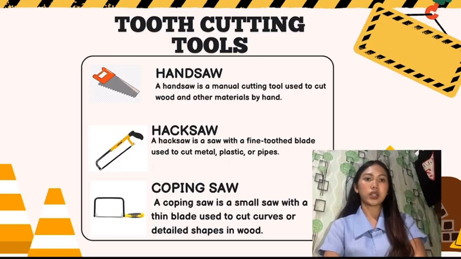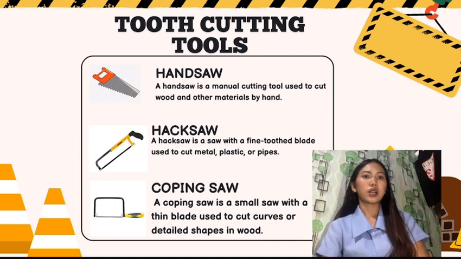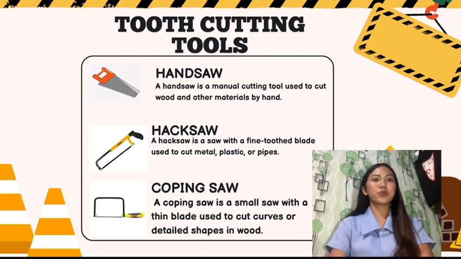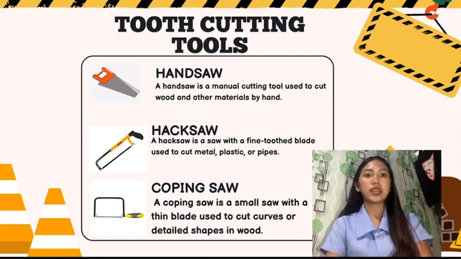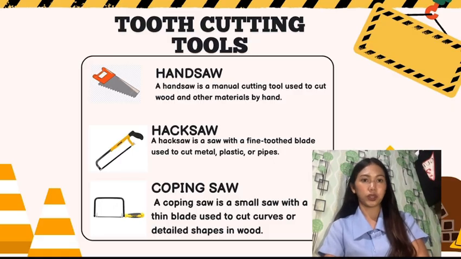A hand saw is a manual cutting tool used to cut wood and other materials by hand. A hacksaw is a saw with a fine tooth blade used to cut metal, plastics, and pipes. The last is the coping saw. A coping saw is a small saw with a thin blade used to cut curves or detailed shapes in wood.